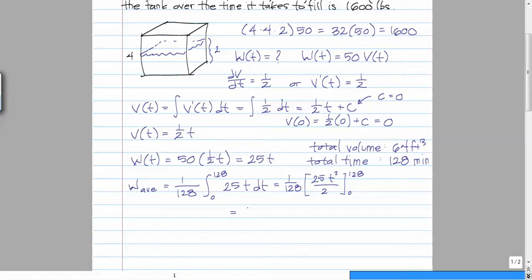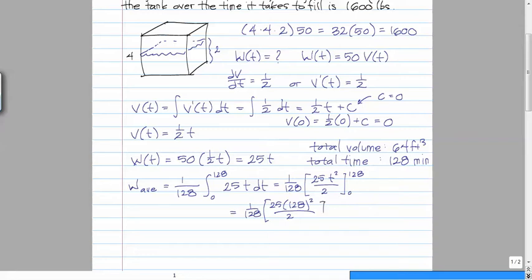So we have 1 over 128 times 25 times 128 squared over 2 at our upper limit of integration, where we're now evaluating. And if we plug in 0 as the lower limit, then we're just going to end up with 0.